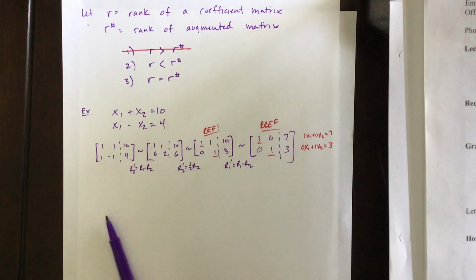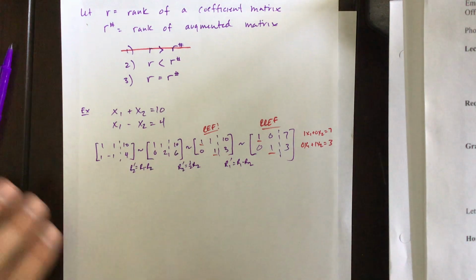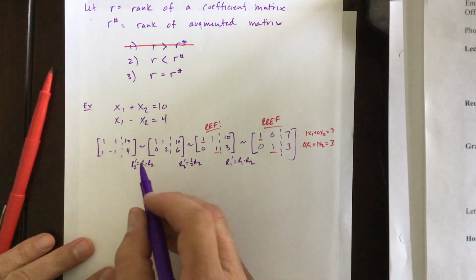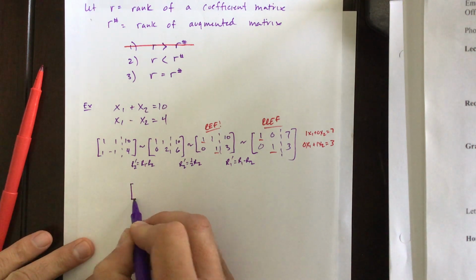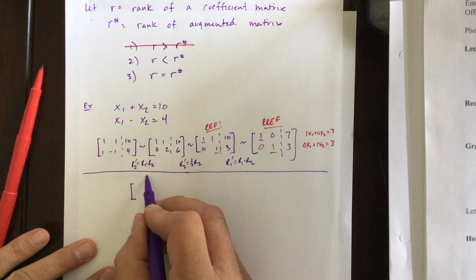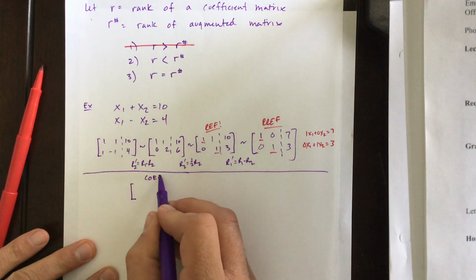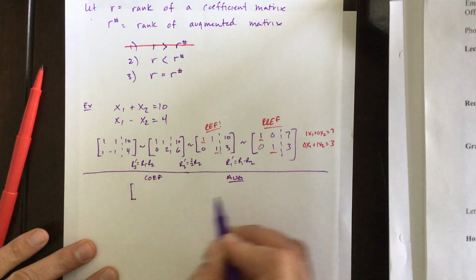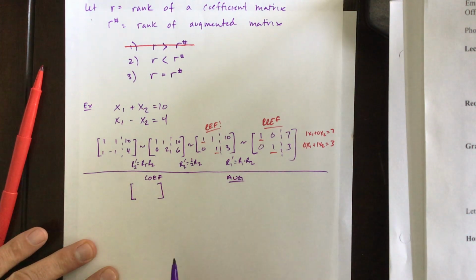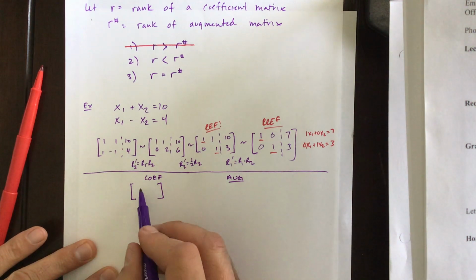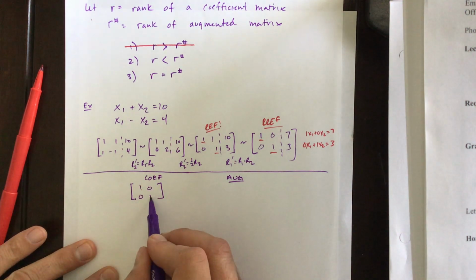Now, we fell under this category where if we looked at the coefficient matrix, so let me draw a line right here. So let's write the coefficient matrix, and let's write the augmented matrix. The coefficient matrix for this example was in reduced row echelon form 1, 0, 0, 1.